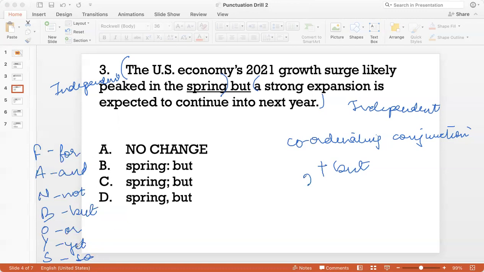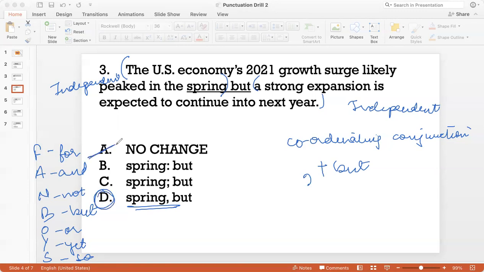Any of these coordinating conjunctions can be used to join two independent sentences, but you need to have a comma before the conjunction. That's how you can join two independent sentences with a comma plus a FANBOYS. So here, the best answer would be option D because it places a comma before the coordinating conjunction.